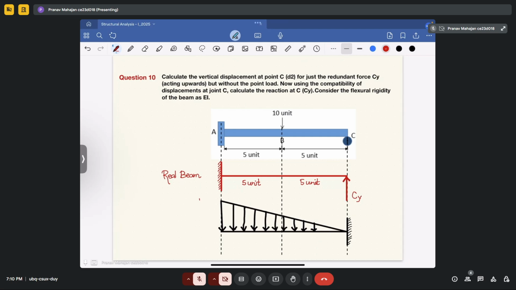That means 10 Cy upon EI is the maximum value. Fine. And it has the same dimensions, 5 units, 5 units. This is your support A, B, C.